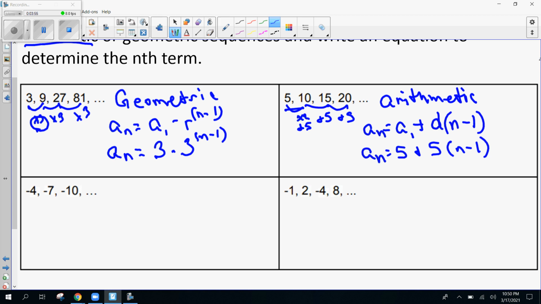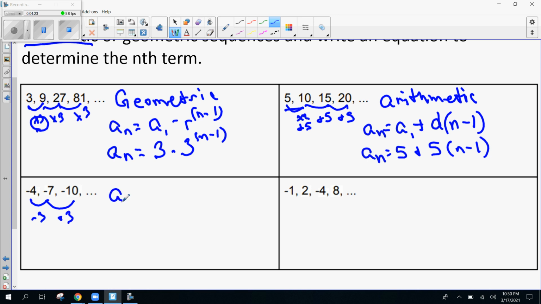The next one, again, we are looking for what's the relationship from one number to another. We can also always plug in the second number minus the first number to find out what's happening, or the second number divided by the first number. In this case, we've ended up adding -3 in each case.